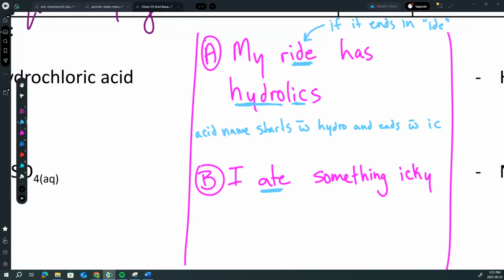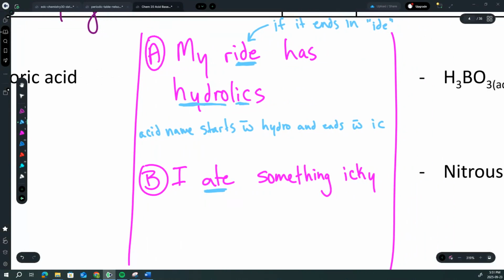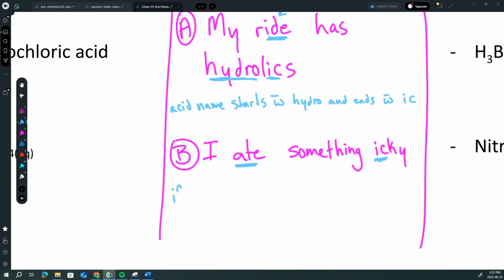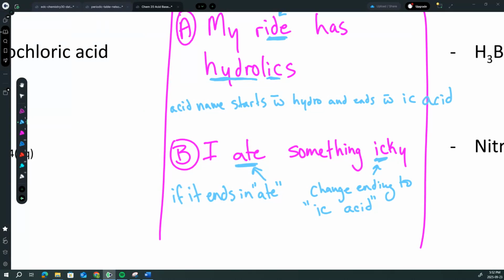So if it ends in ate, then you need to change the ending of the name to ic and then obviously add acid. So ic acid.